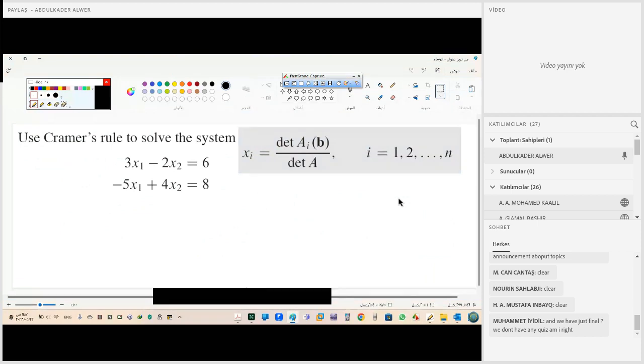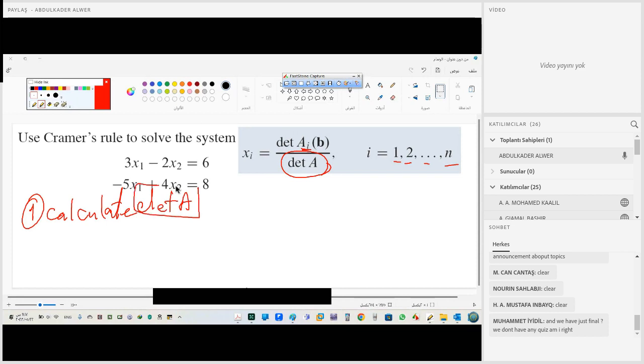Now we have the rule and we have the question. Here we have determinant A_i, where i is 1, 2, 3, and so on, and we have determinant A. First of all, calculate det A, because if det A equals 0, there is no answer.